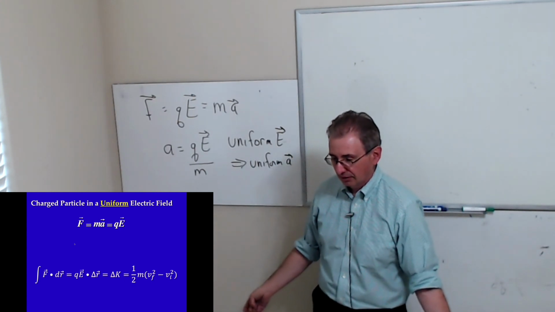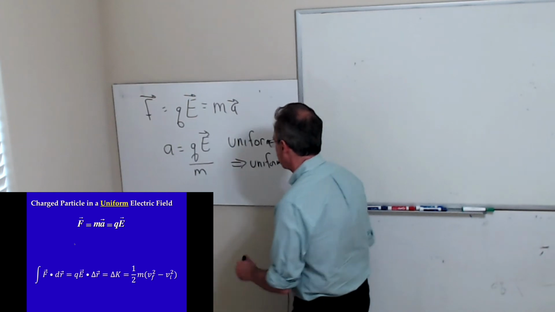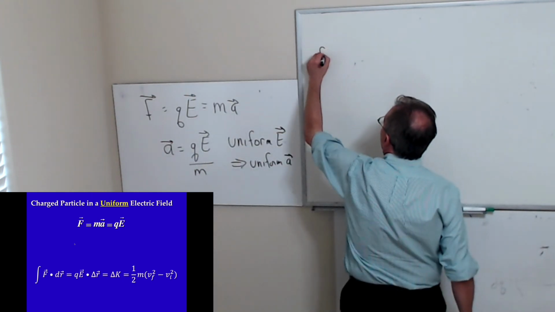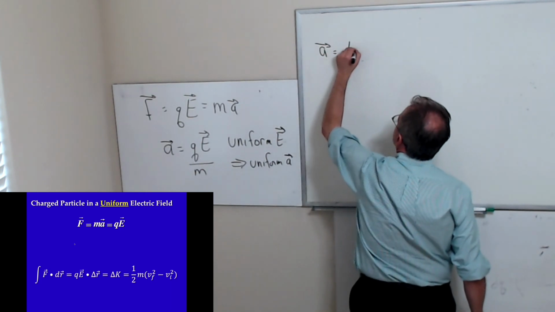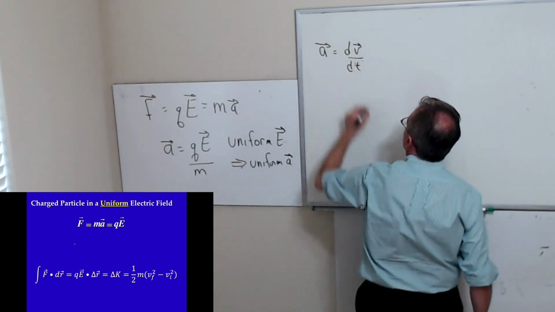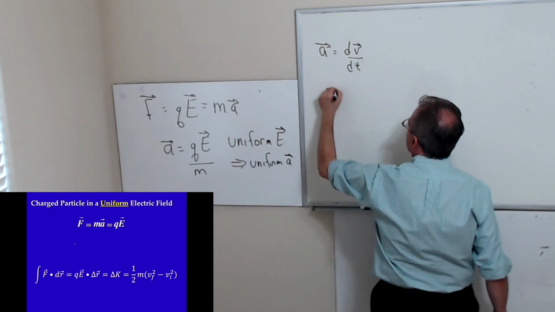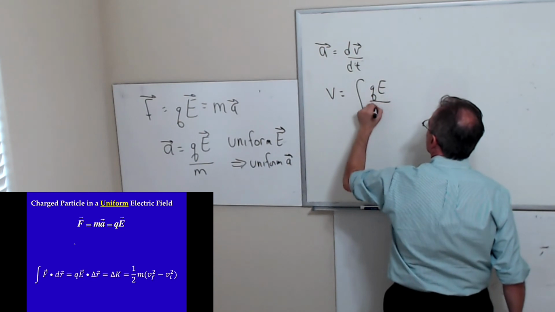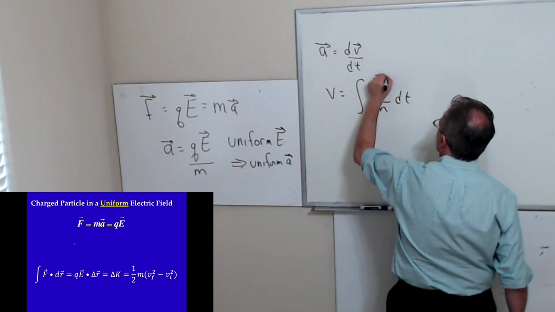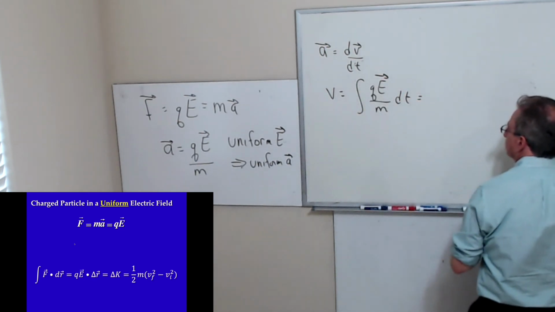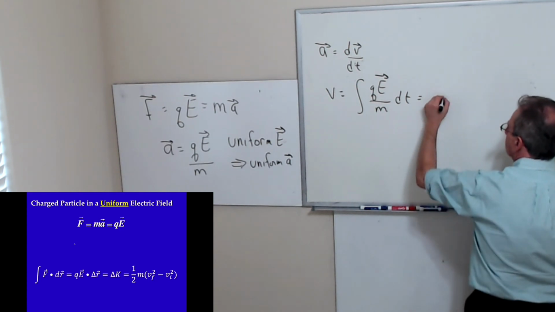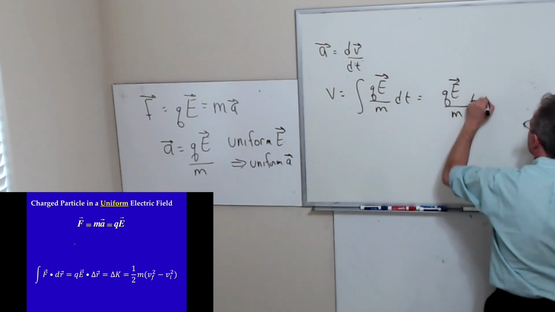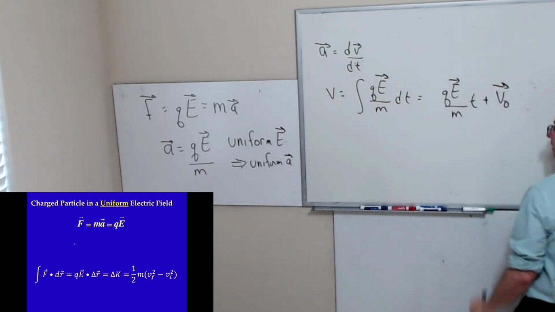Okay? So, since a is dv over dt, then v is going to be the integral of qE over m dt, which is going to give you qE over m times t plus v naught.